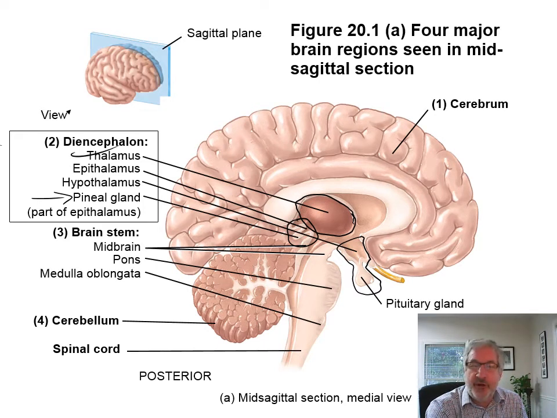The epithalamus is on the back side, the posterior side of the diencephalon, and epi kind of means above. In reference to the thalamus, it is sort of above or outside of it. The hypothalamus means down below or inferior to the thalamus. So that's your hypothalamus down there.